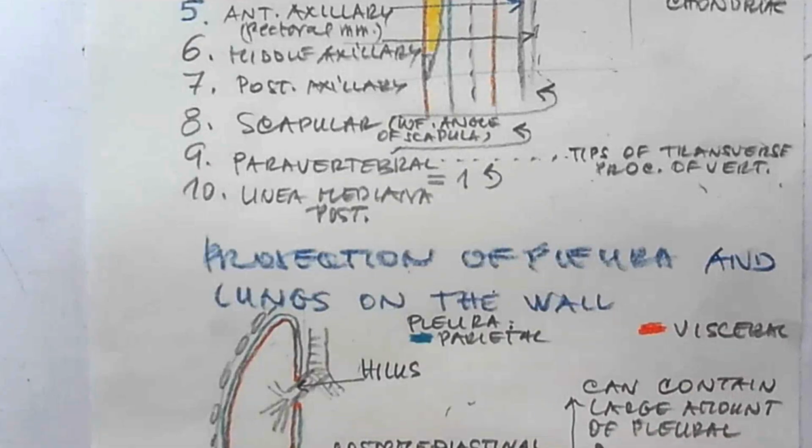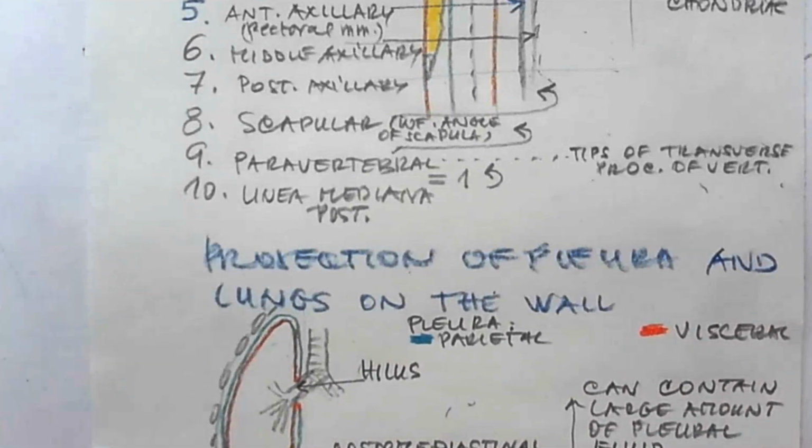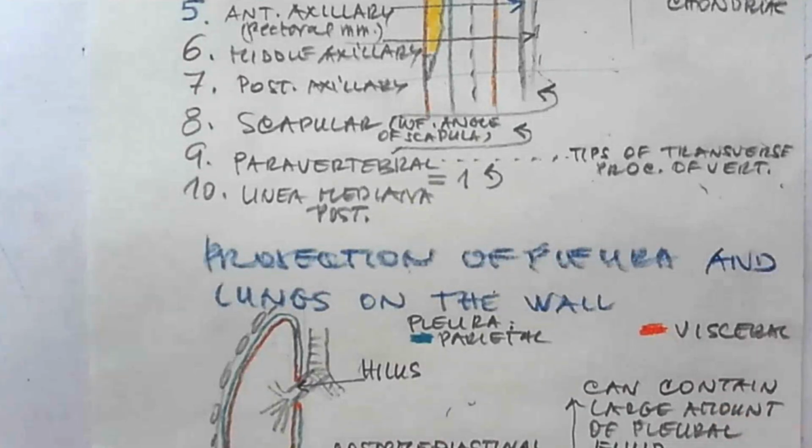Normally the size of the cavity, the distance between the parietal and visceral pleura, is around 1 to 2 millimeters.